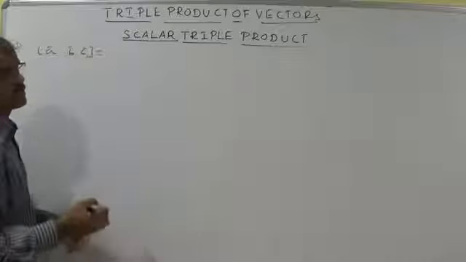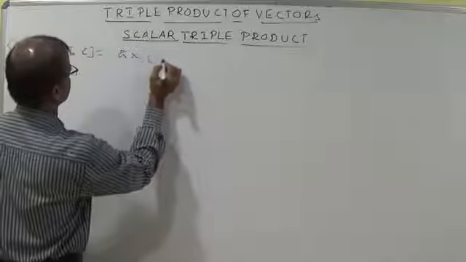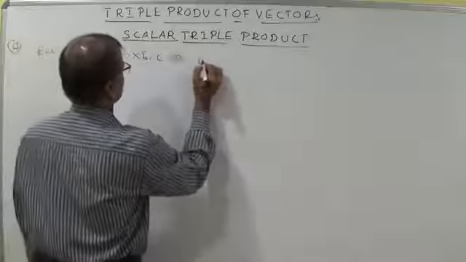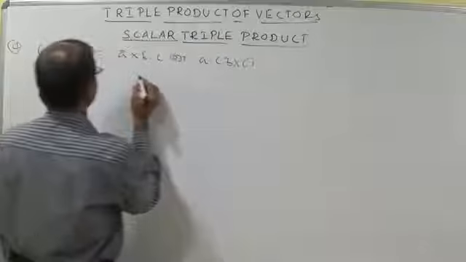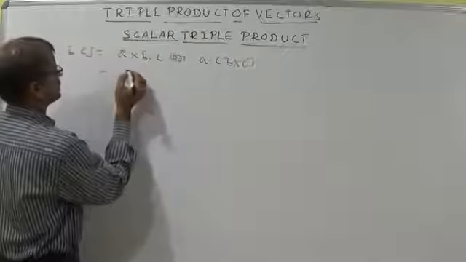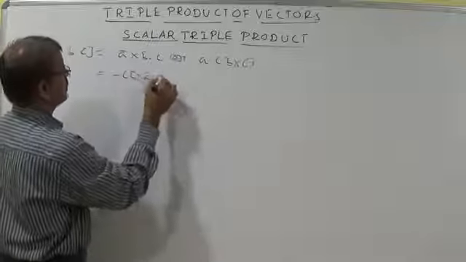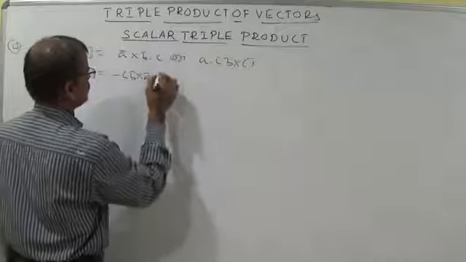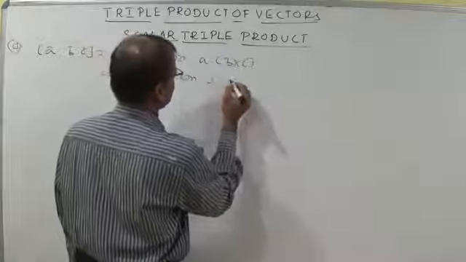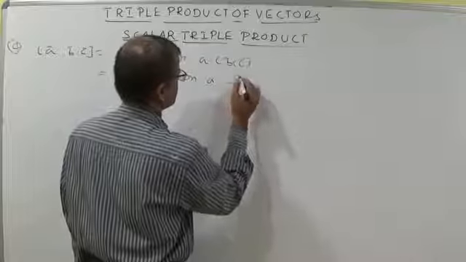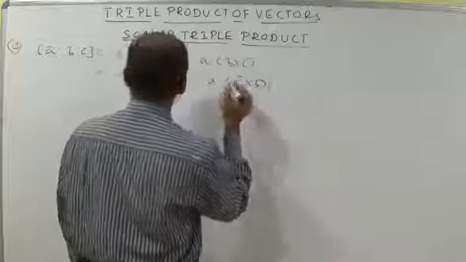Box ABC can be written as box A cross B dot C or A dot B cross C. So we can write here box ABC equals minus B cross A dot C. Here also you can write A dot minus C cross B, minus C cross B dot A, like that.